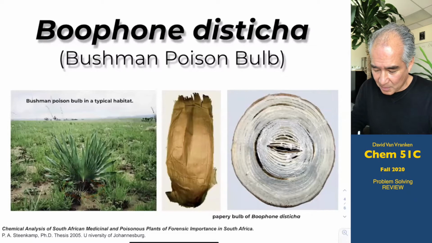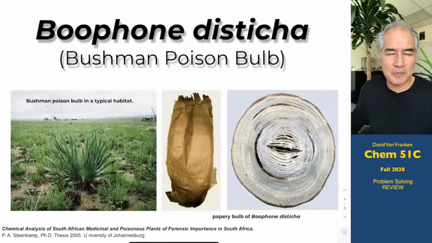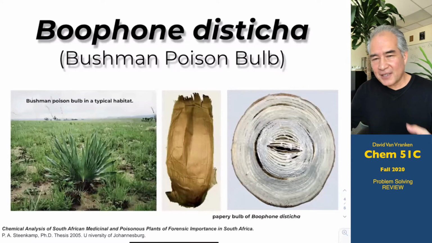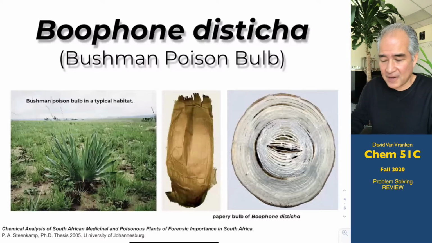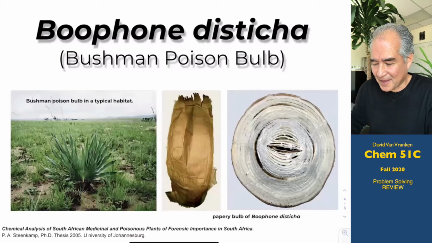That bulb on the bottom has this papery layered structure, and if you cross-section it, you can see all the layers with that pulpy stuff inside. Traditional healers and medicine people make extracts of that. They make decoctions of this root material, this tuber material, and they use it for various purposes at great risk, I would say.